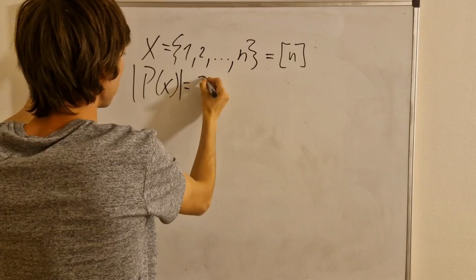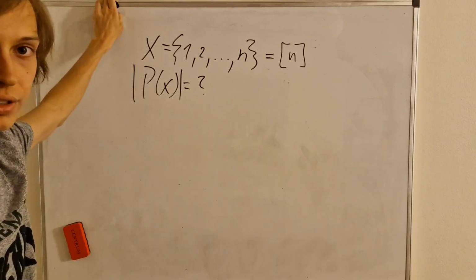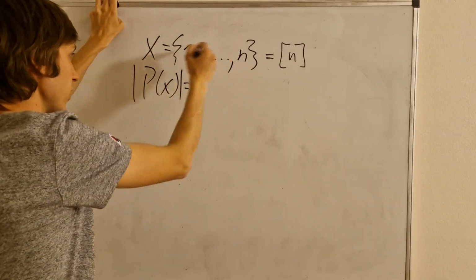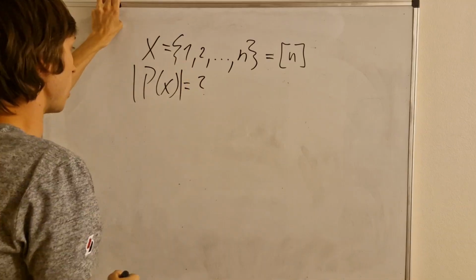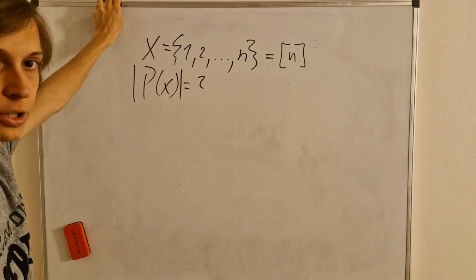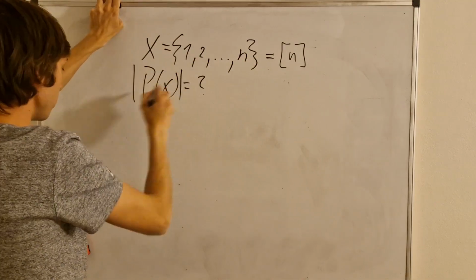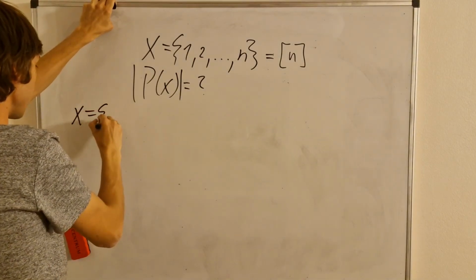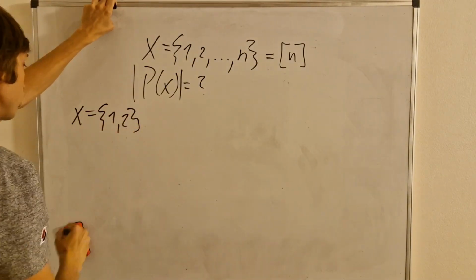And we want to see what the magnitude of this power set is. So for a particular set X, we have a power set of X, which is the set of all potential subsets. I can give an example if it's not clear enough. Let's say our X is concretely given as {1, 2}.